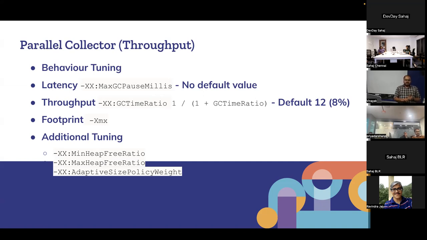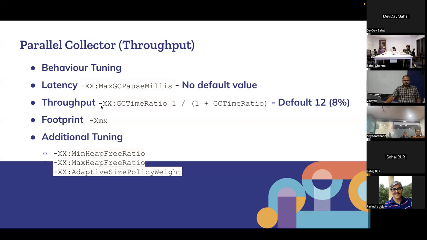You can aim for one of the behaviors: either performance, which is throughput, or latency. If you specify latency, you need to adjust the value for MaxGCPauseMillis. By default, there was no value earlier, but now I think there is a value of 200 milliseconds. If you don't provide this goal, at least for the parallel collector, it will optimize for throughput rather than latency. So by default, parallel is for throughput.